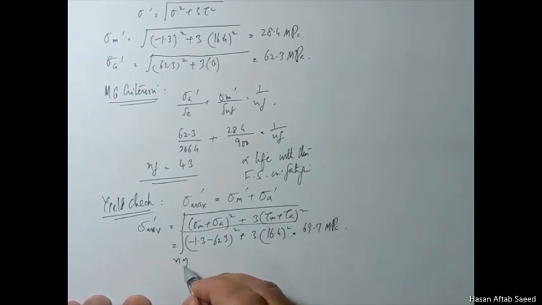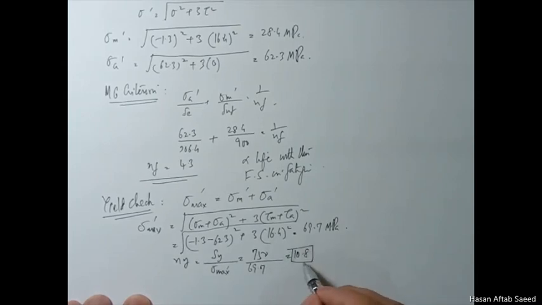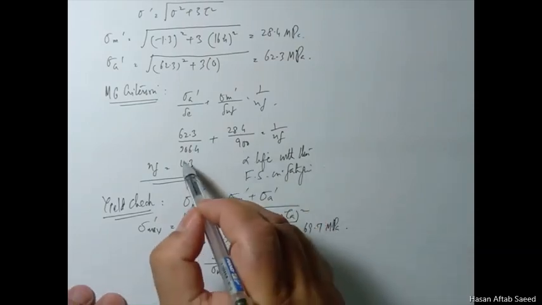The yield factor of safety is simply Sy, the yield strength, over the maximum stress that can occur in this system. The yield strength, 750, is given in the problem statement; over 69.7, this is 10.8. This may appear to be a very large factor of safety, but this is usual for fatigue problems because your design will be governed by fatigue.